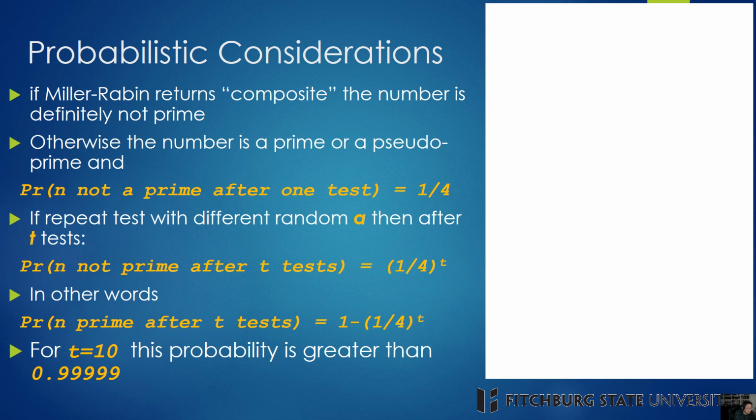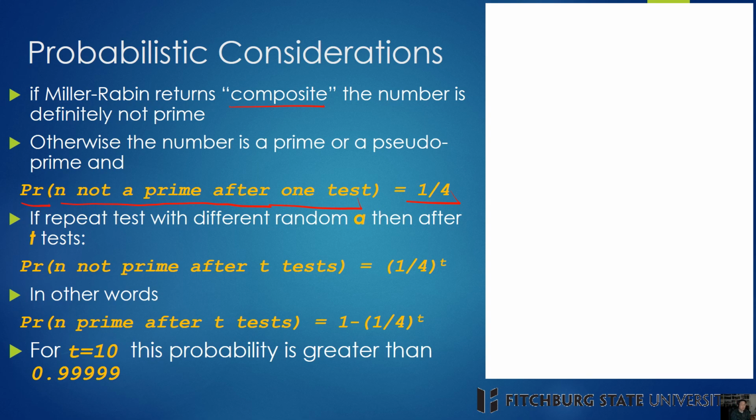However, here's the most important part. Each time Miller-Rabin returns maybe a prime, not a composite, the probability that n is not a prime after one test is 1/4.